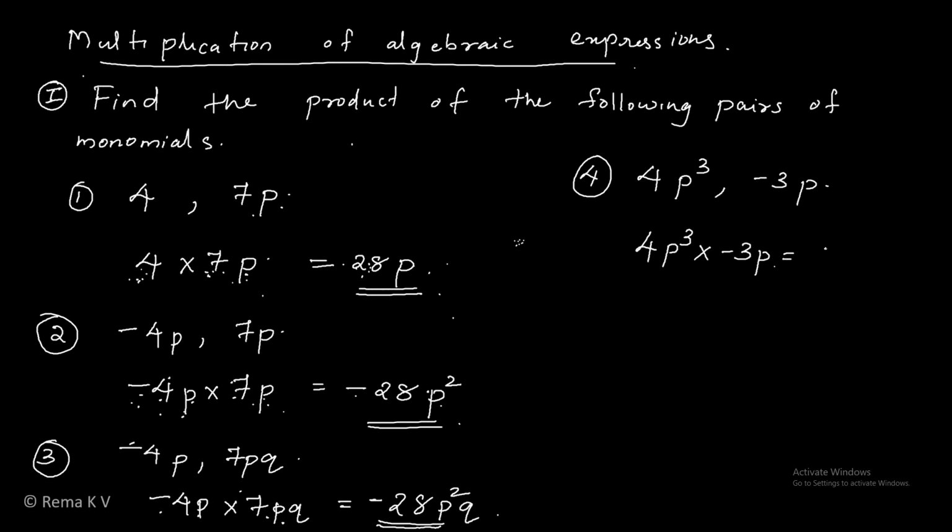Four into minus 3 is minus 12. Then p cube into p: here p is multiplied 3 times, and here 1 more time. So the total is 4 times, and we write this as p raised to 4. Minus 12 p raised to 4.